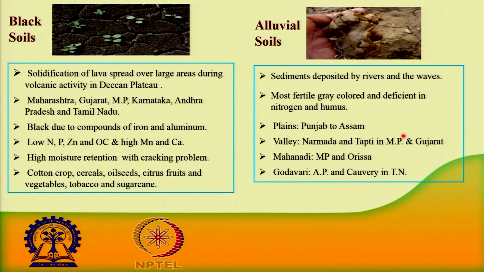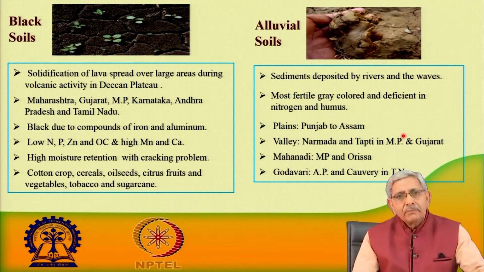Now, when we look at black soil regions, these black soil regions basically dominate in the Deccan Plateau, and the Deccan Plateau area is located in Maharashtra, Gujarat, Madhya Pradesh, Karnataka, Andhra Pradesh, Telangana, as well as in Tamil Nadu.